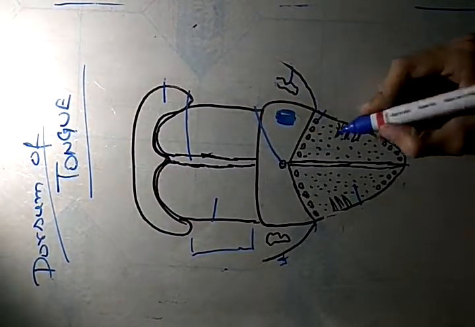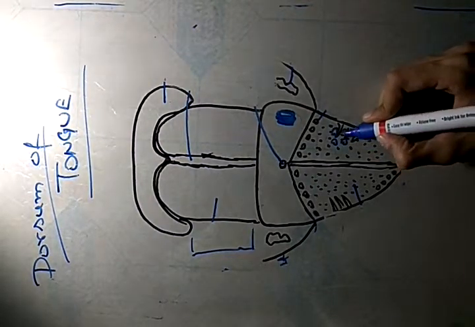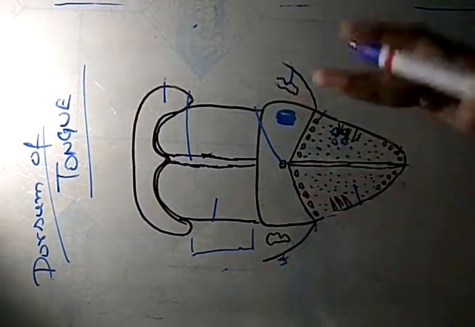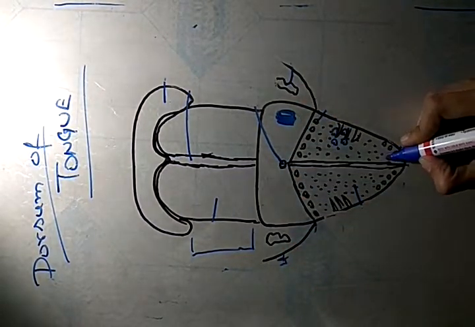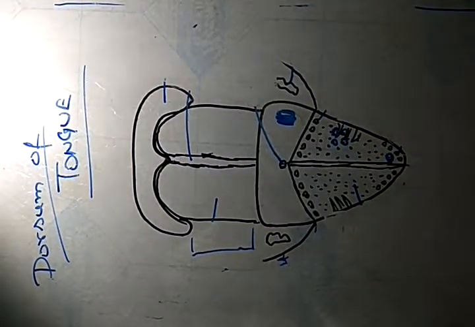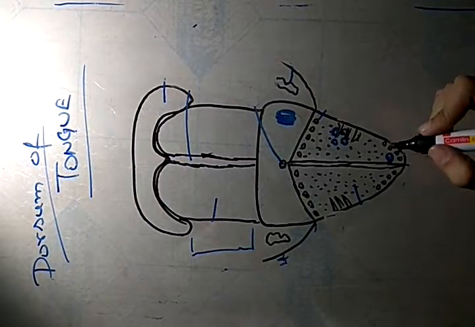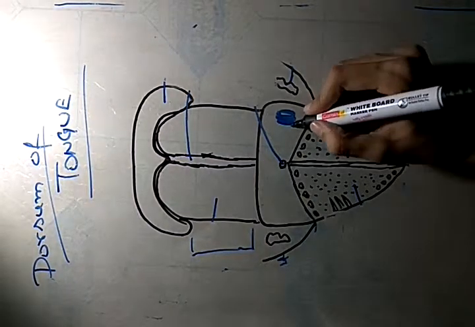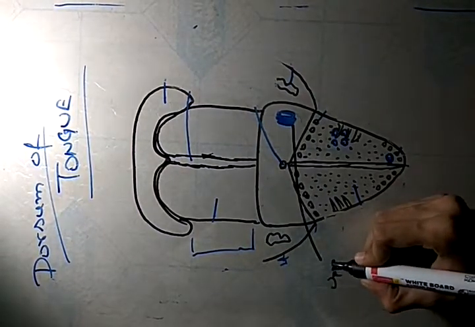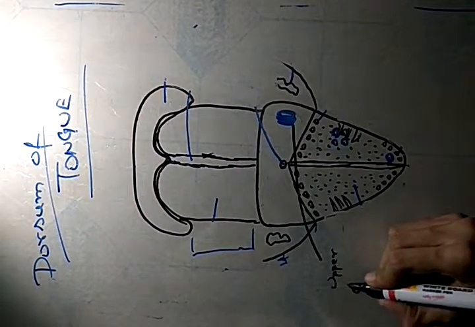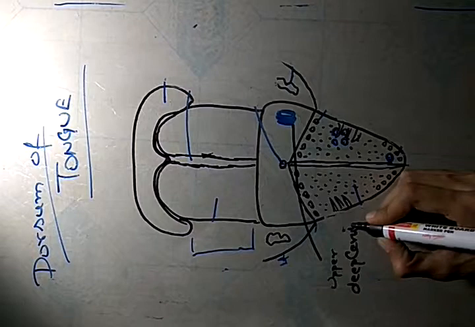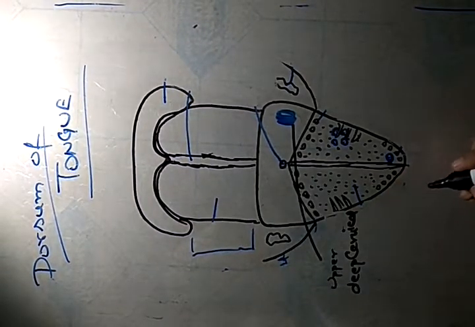This region, then we can show a few here in this region. I'm only drawing in half of the tongue, but they're also on the other half. We'll be considering only half of the tongue on the tip. So this one is our upper deep cervical lymph nodes.